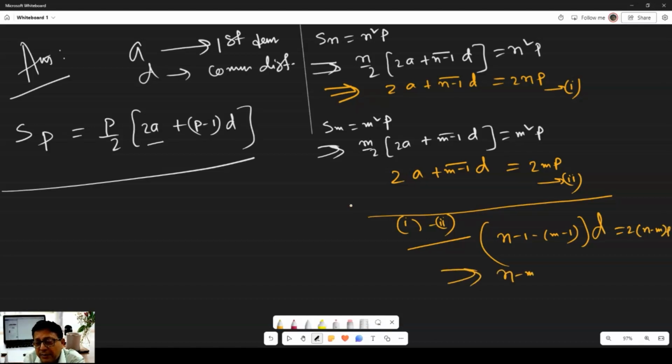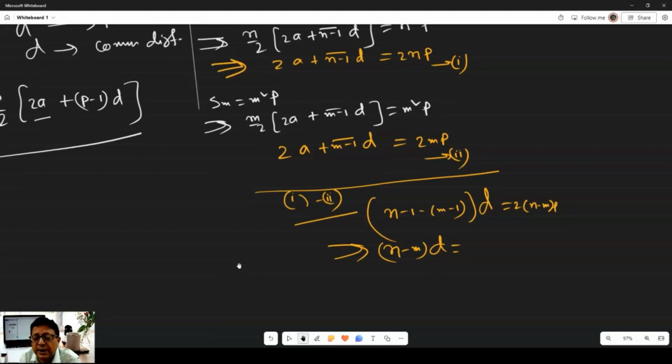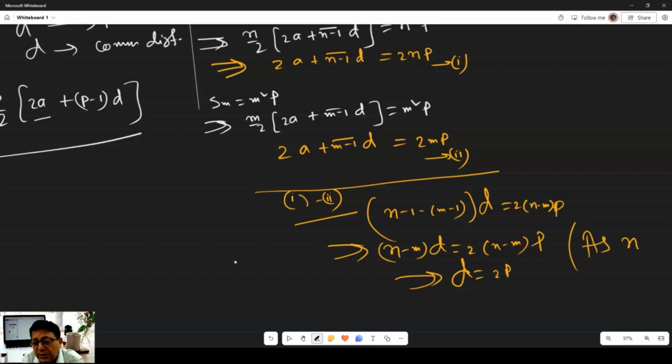So this is (n minus m)d equal to twice (n minus m) into p. This implies d equal to 2p because n not equal to m, otherwise the sum will not exist if n is equal to m. I got the value of d now.